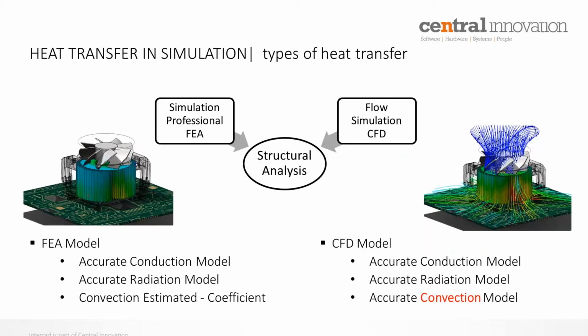So as we've alluded to already, there are some differences between running heat transfer in Simulation Professional and SolidWorks Flow Simulation. We can see in Sim Professional we use the finite element method, which allows us to have good, accurate conduction models and good, accurate radiation models.